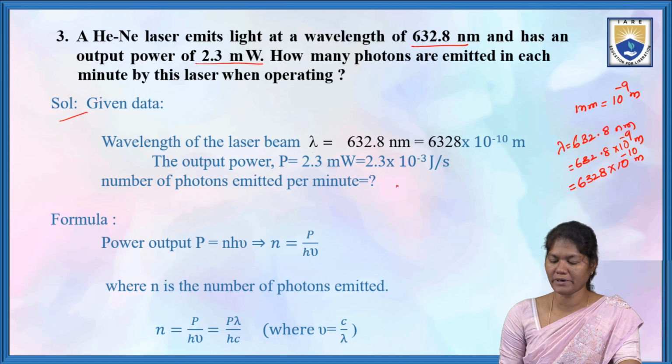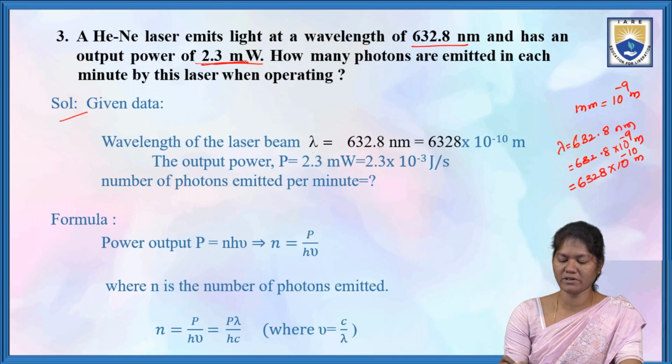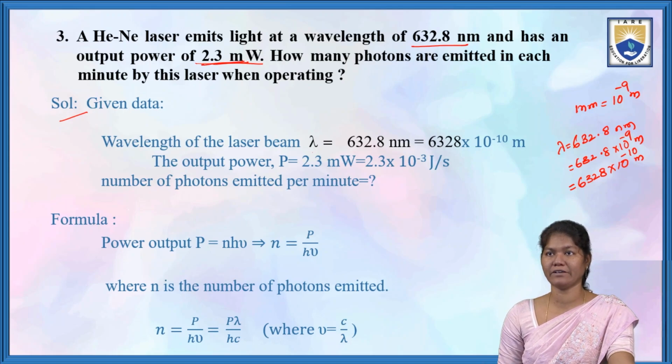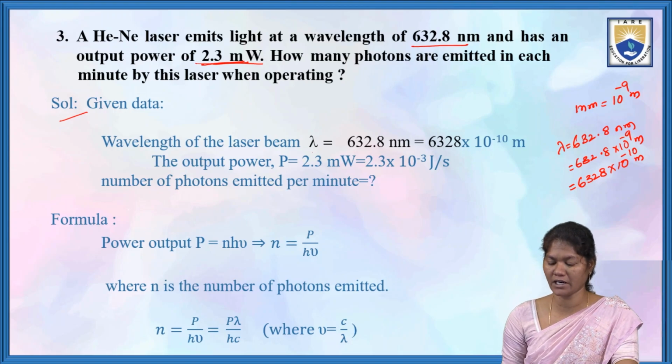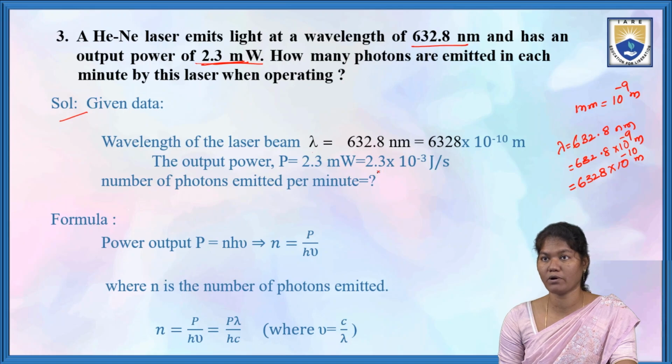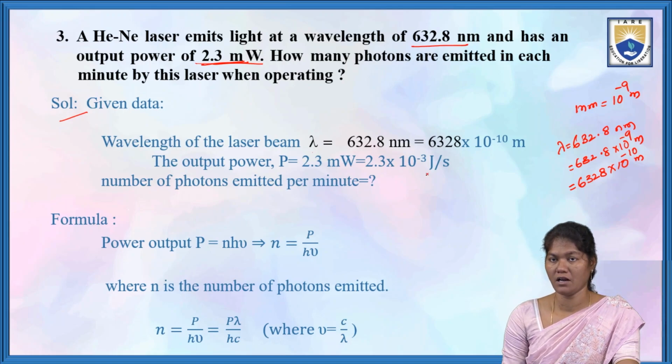So the output power is 2.3 milliwatt. The milliwatt is converted into joule per second, so that is equal to 2.3 into 10 power minus 3 joule per second. So we want to calculate the number of photons emitted per minute.